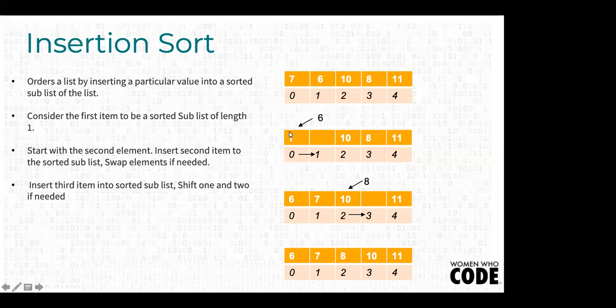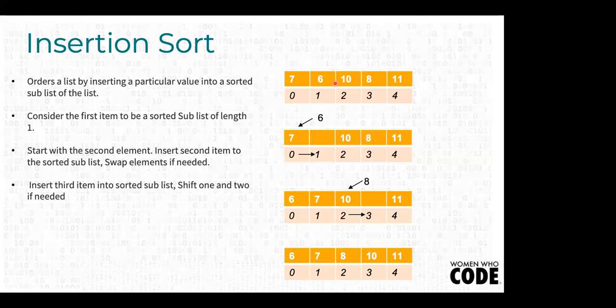You consider the first item to be already sorted, and it's of length 1. So this is considered a sorted sublist of length 1. Now just traverse the array and keep adding elements to this sublist, or you can think of it as a cloud.